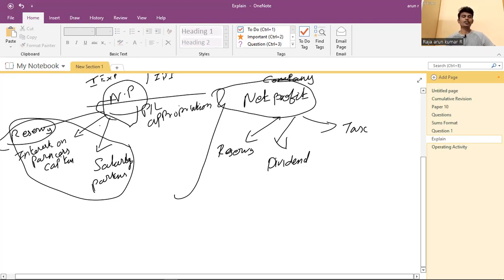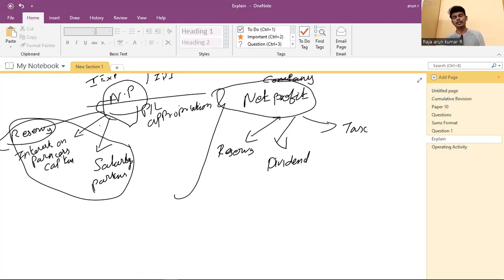In it we put the net profit and allocate reserves, interest on capital, salary. In the company, the net profit is allocated in the same concept to reserves, dividend, tax, from the net profit only.